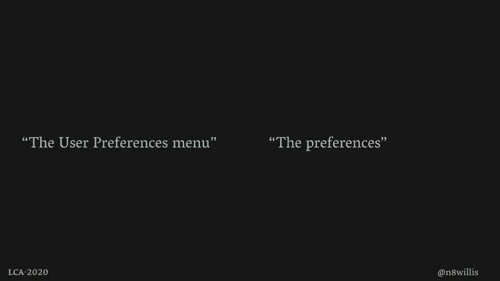For instance, if you refer to something as the user preferences menu on one line, don't then just refer to it as the preferences later on. That's hard to do for a writer. It's hard for normal people to do, but the confusion that results from that can kill someone's reading experience. And this is something that I think is very hard for style checkers and linters to catch.